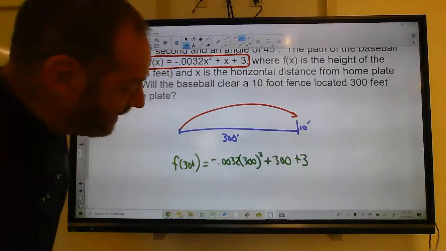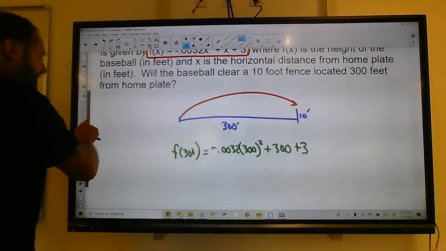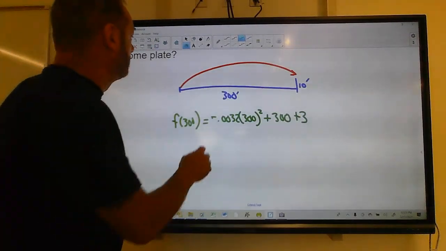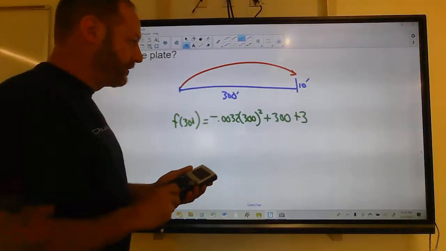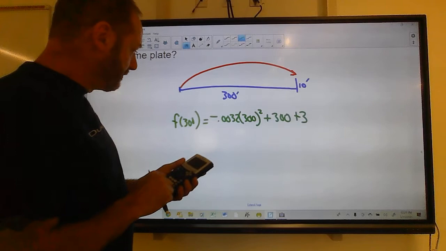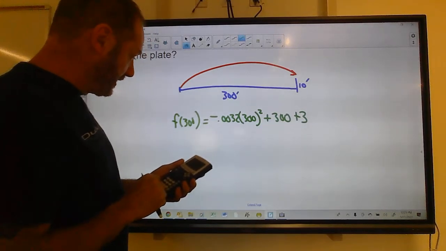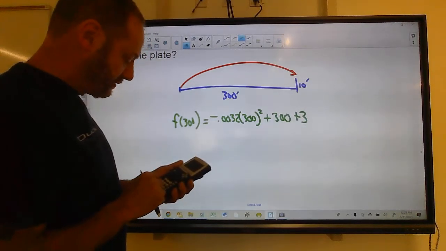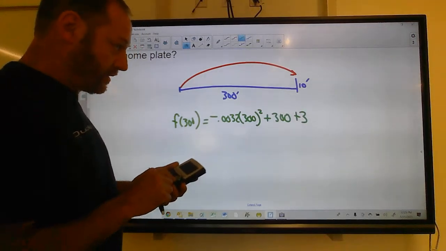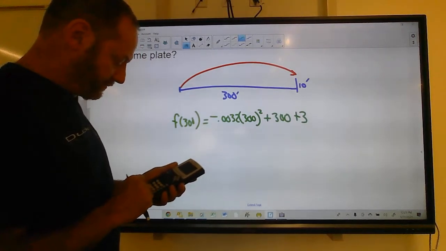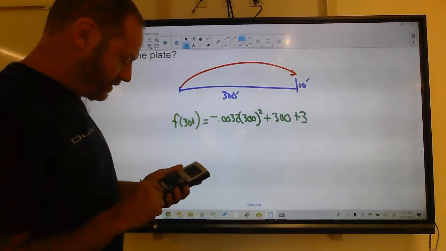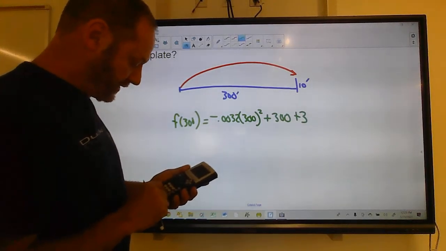So at this point, I'm going to get out my handy-dandy TI-84 Plus C Silver Edition graphing calculator. This looks kind of ugly, so we'll clean this up a little bit. And I'm going to go ahead and type in, just as I have it here, negative 0.0032 times 300 squared plus 300 plus 3.